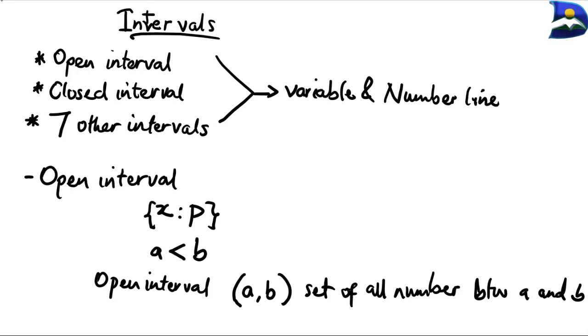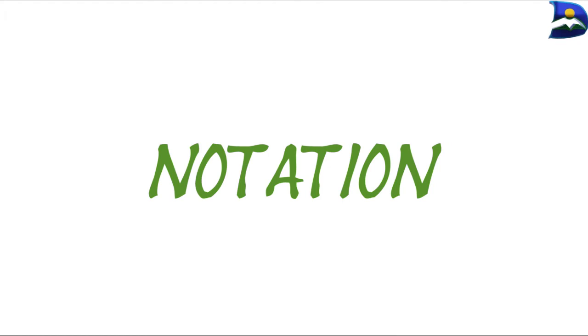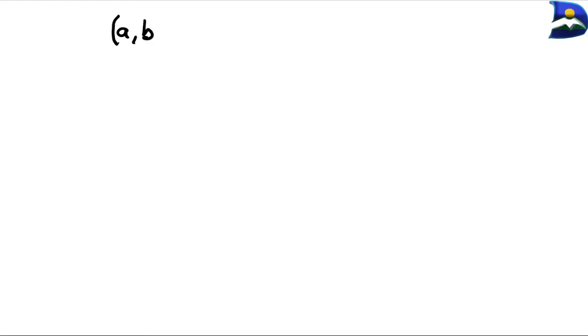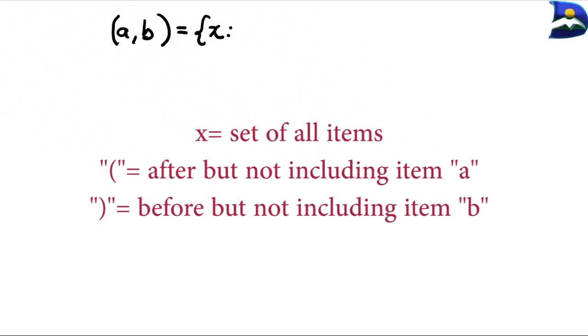So when showing our expression, we have our curved bracket, a, b, close bracket, the numbers between a and b, which is expressed as x being the set of numbers where a is less than x and x is less than b.